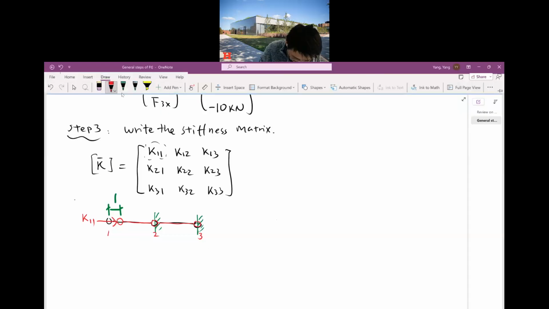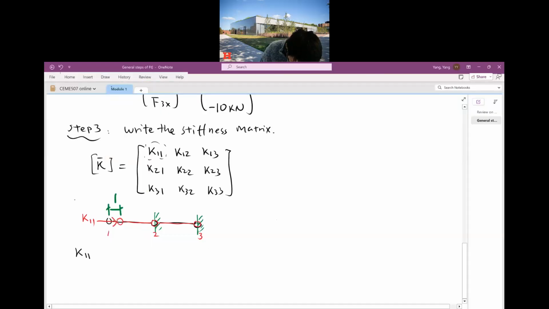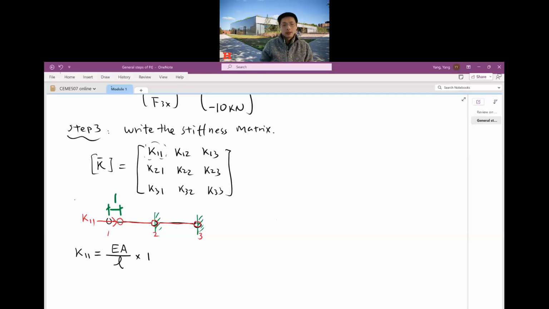So the K11 should be equal to EA over the length times the displacement.